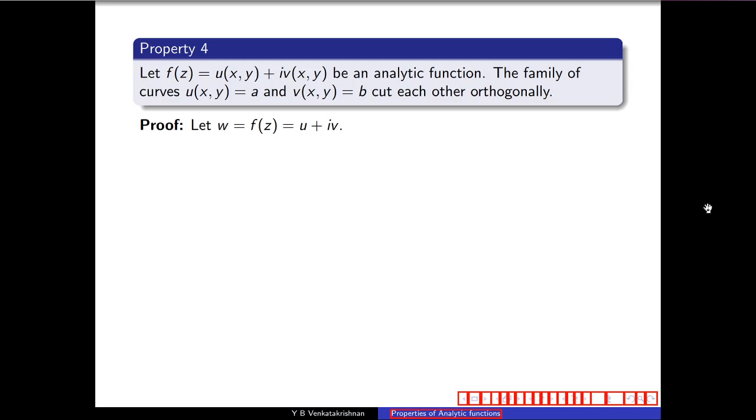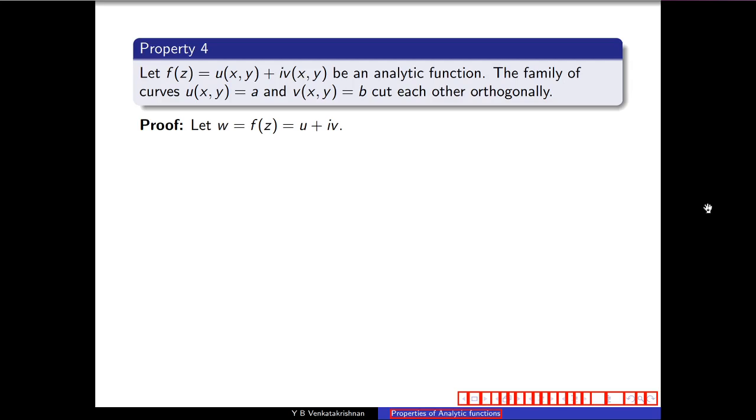That is, when I keep on varying the values of constant a, I get a different member in the family u. And similarly, when I replace the value of constant b with different values, I get each member in the family v is equal to b. So one member in the family u is equal to a, and one member in the family v is equal to b cut each other orthogonally.